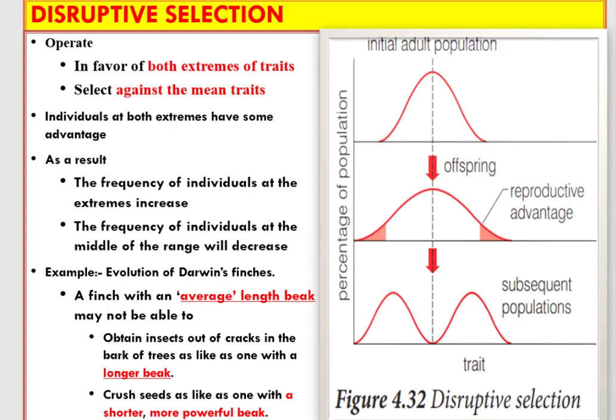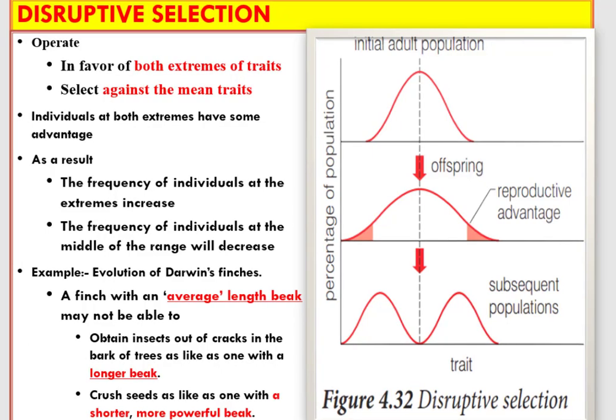For example, the evolution of Darwin's finches in an environment where there are insects deep inside the cracks of wood or tree trunks or ground cracks or holes, and large and hard seeds. The environmental factor in this environment is food or feed.